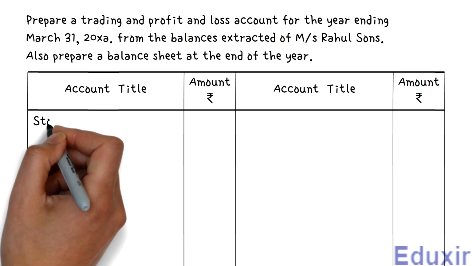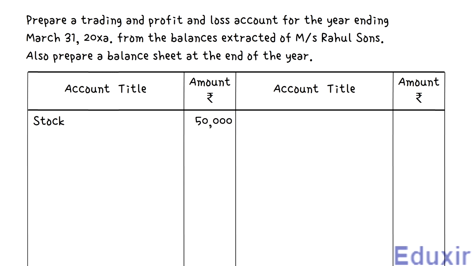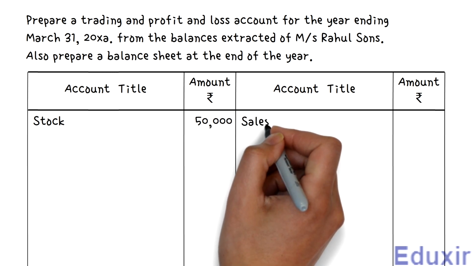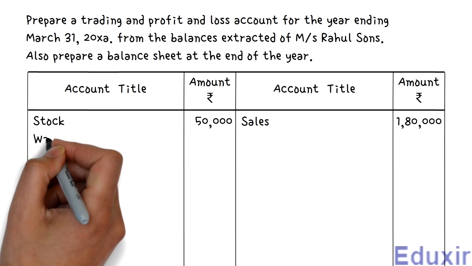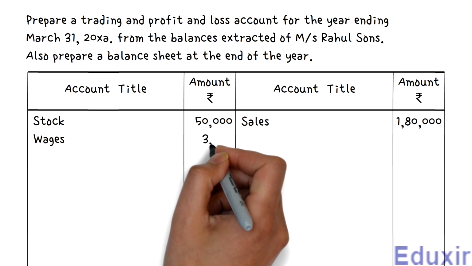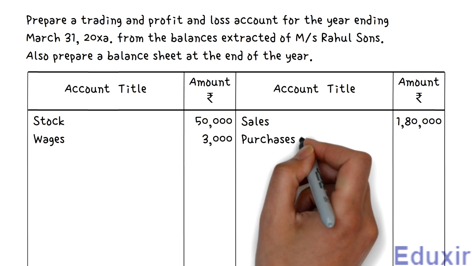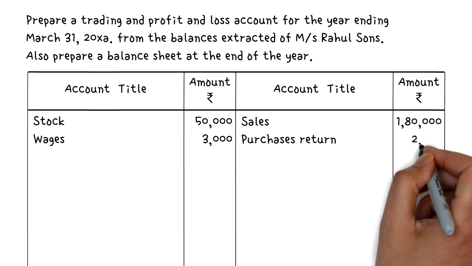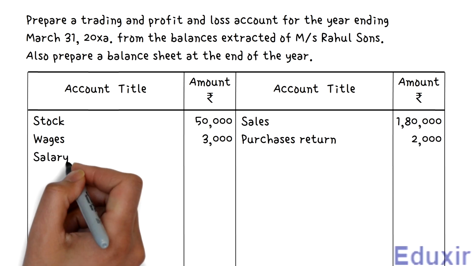Stock balance is 50,000 rupees. Sales balance is 1,80,000 rupees. Wages balance is 3,000 rupees. Purchases return balance is 2,000 rupees. Salary balance is 8,000 rupees.